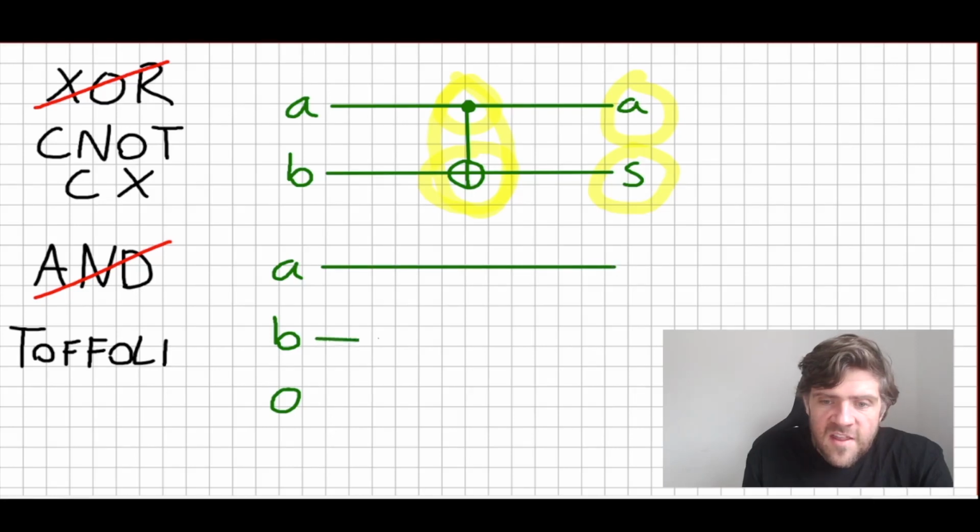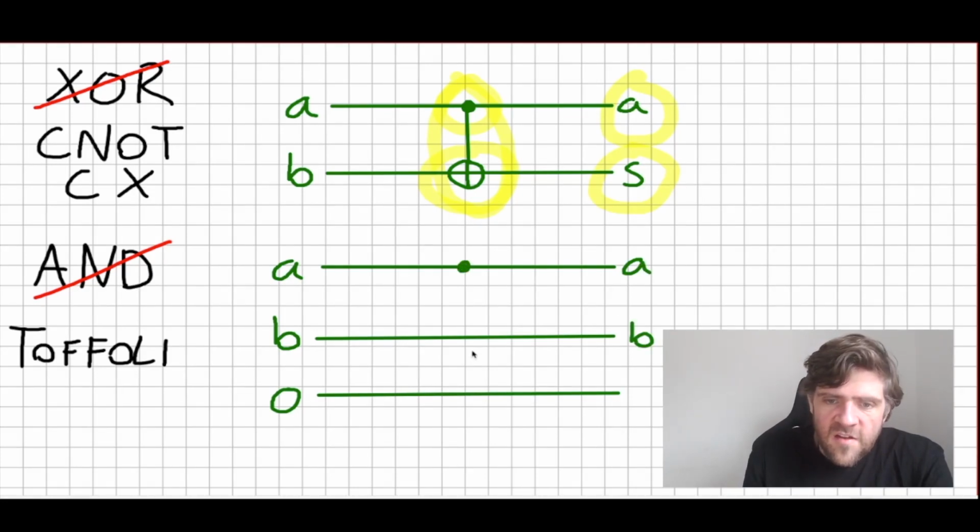Again, we draw lines from left to right representing the history of these. And in the case for our 2 inputs, the output is just going to be a copy of these 2 inputs, at least in this simple effect of making our AND.